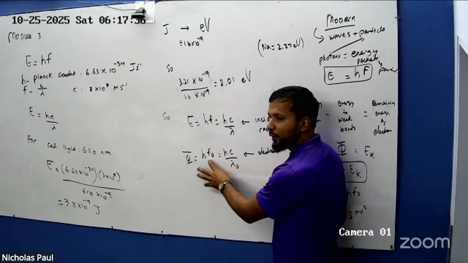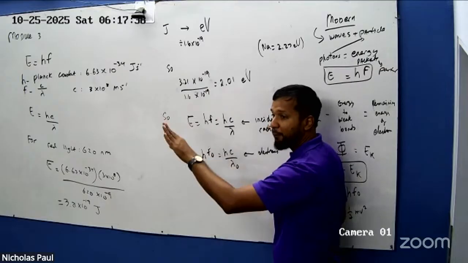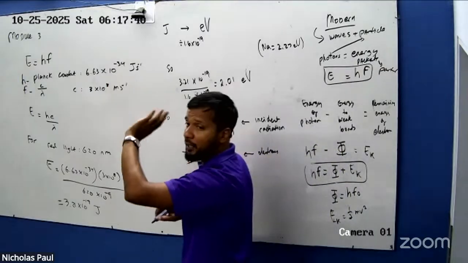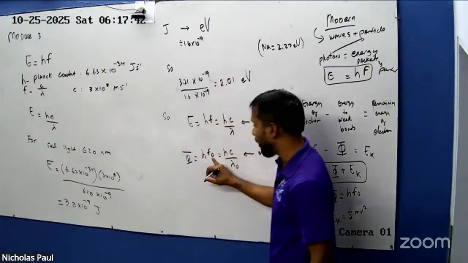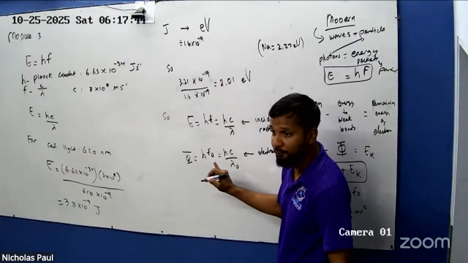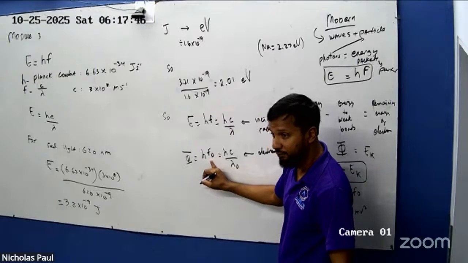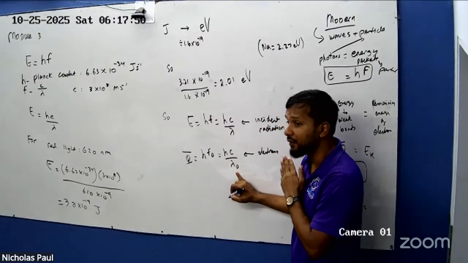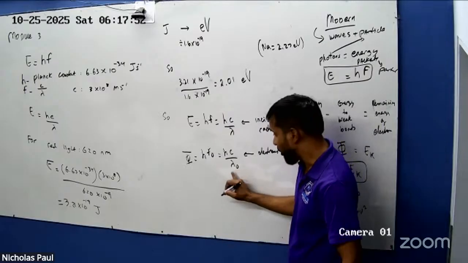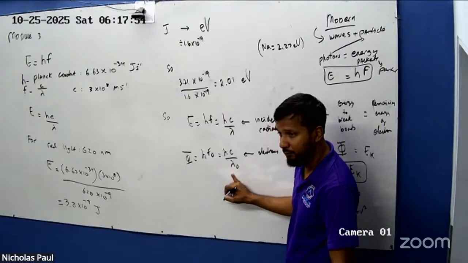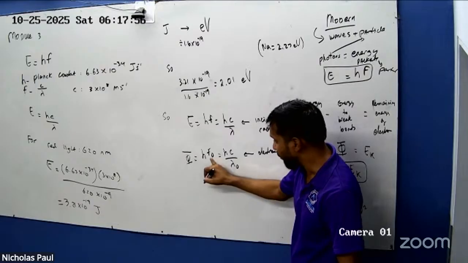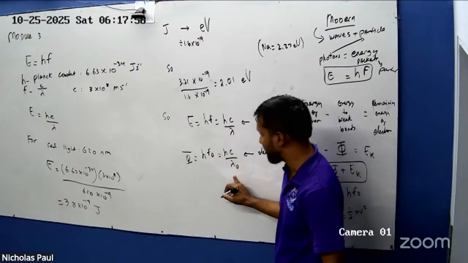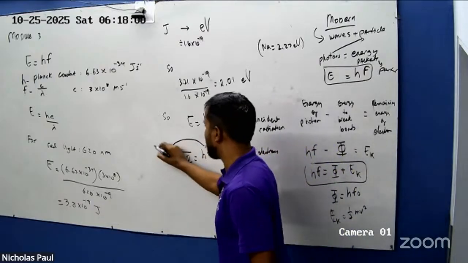This is the lowest frequency that's possible for it to happen. Remember, I showed you all, if we made the frequency too small, the whole process won't happen. And I also showed you that if the wavelength gets too big, it won't happen. This is called the threshold wavelength. So this is threshold frequency, threshold wavelength. Let's make a note of that.